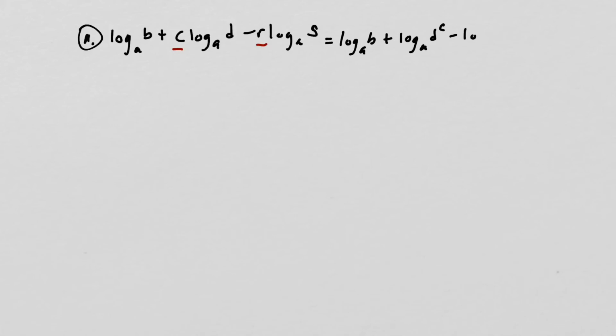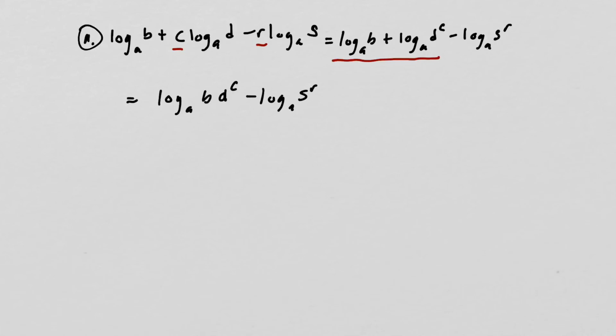Now, let's combine our logarithms by recalling that the sum of two logarithms is the same thing as taking the log of a multiplication. We get that this is the log base a of b times d to the c minus log base a of s raised to the r.